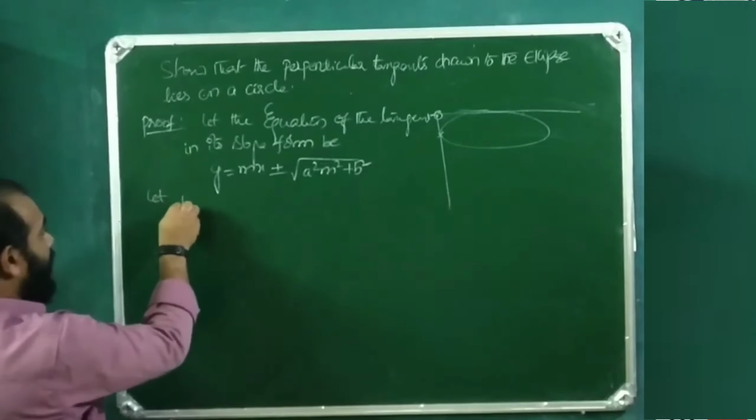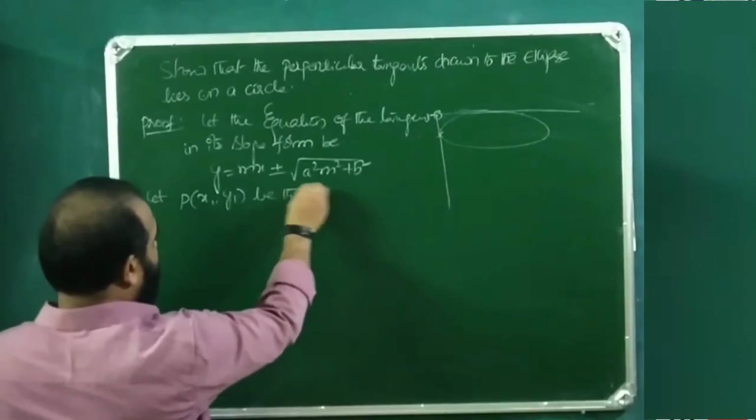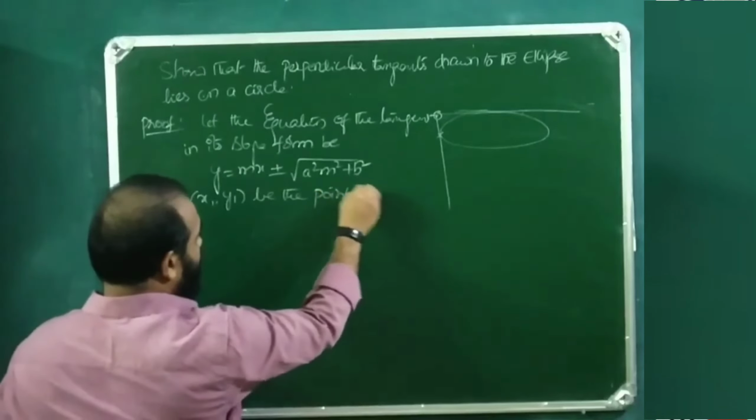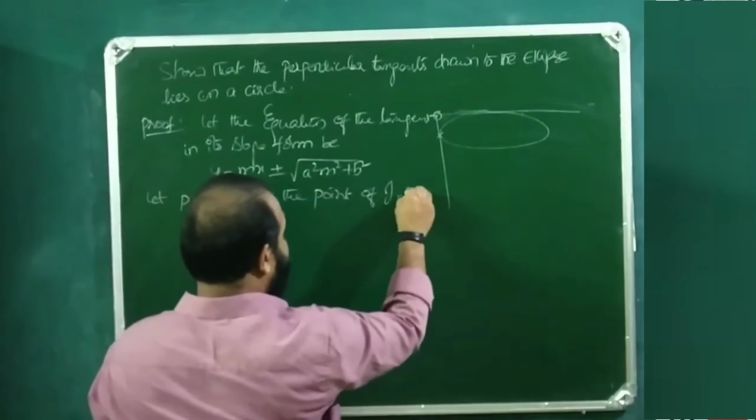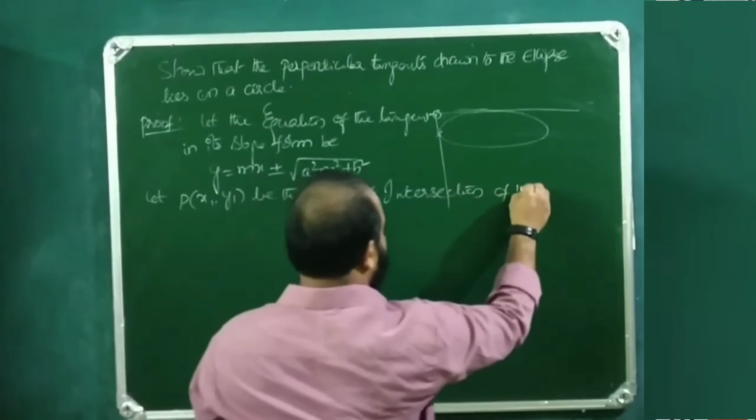Let x1, y1 be the point of intersection of these tangents.